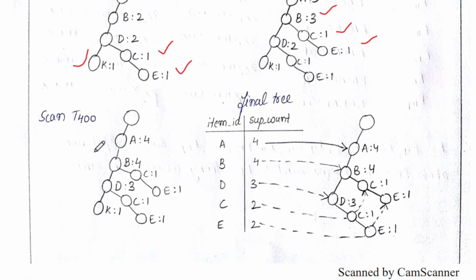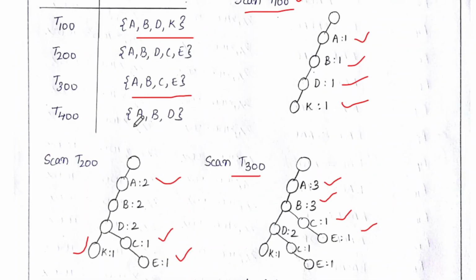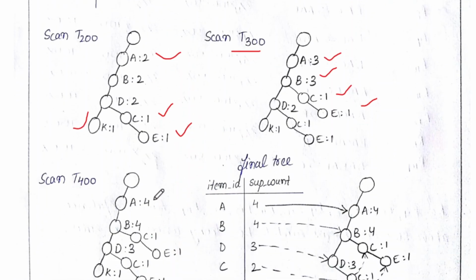For the fourth transaction, how many elements are there? I have A, B, D. So A will be incremented, B will be incremented and D will be incremented. In the previous tree D had the value 2 only, but here I have updated it to 3. Next, what is my final tree?